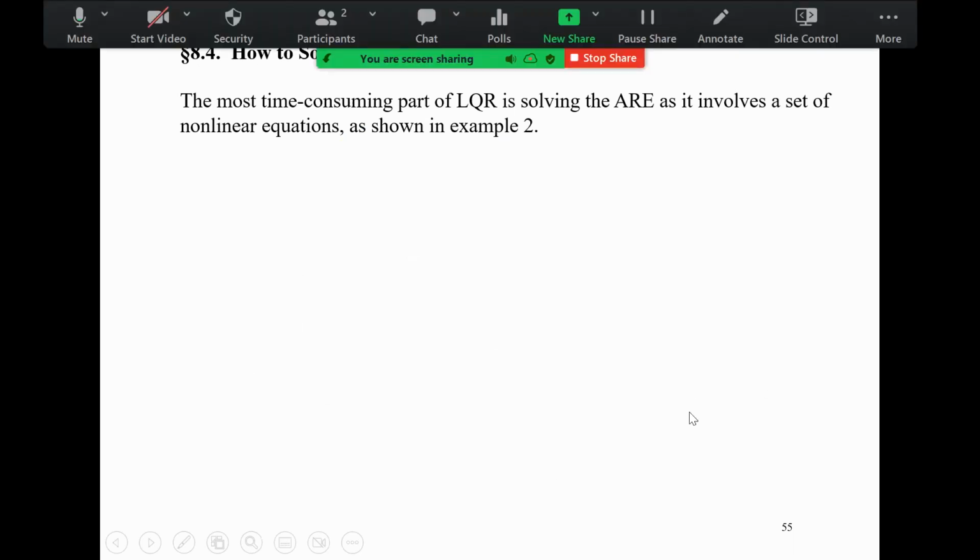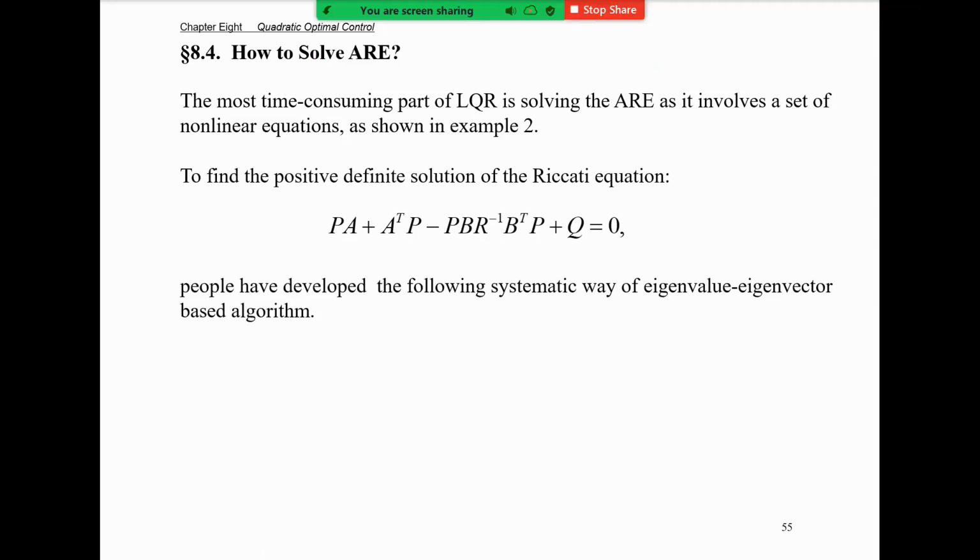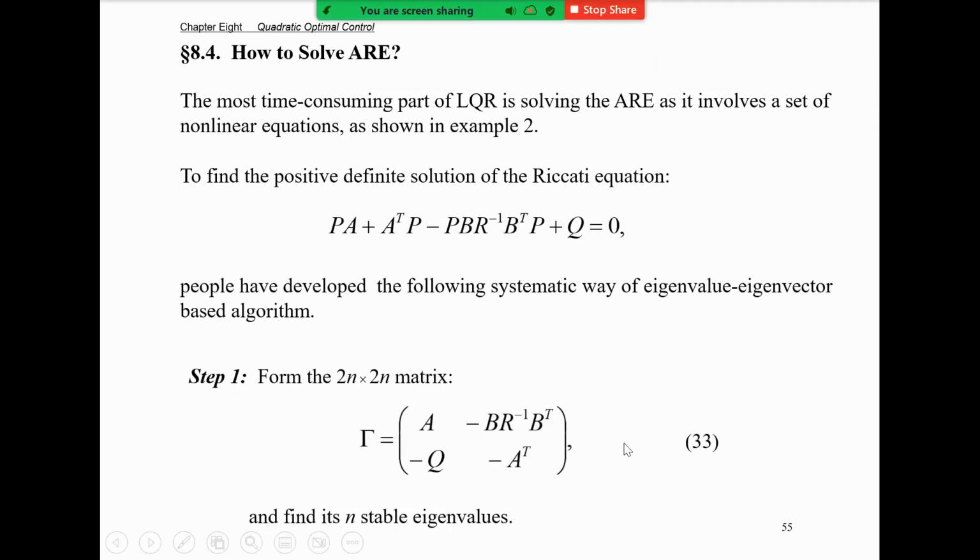Of course, people also want to develop a systematic way to do it. Unfortunately, they have found one. But with this one, you don't have to select a solution out of many solutions.